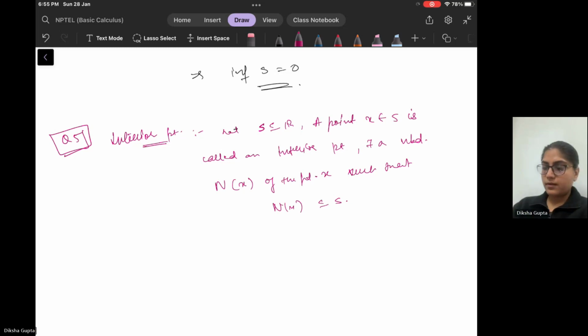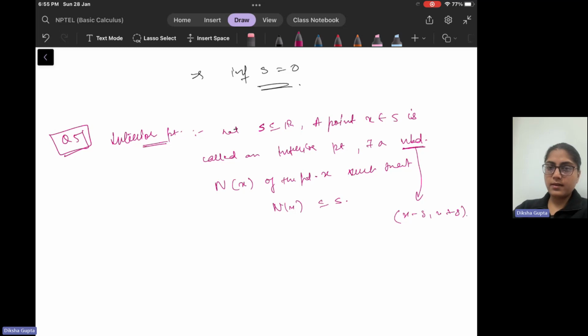Okay. So it says that there exists a neighborhood, and a neighborhood in R is nothing but an interval around x, (x minus delta, x plus delta).